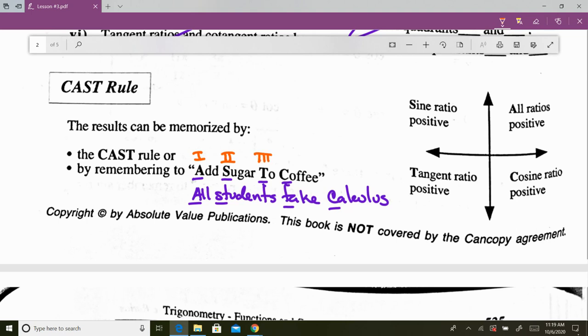Quadrant 3 is T, which stands for tangent. Tangent is the only one that is positive in the third quadrant. And C for quadrant 4 is cosine. So either add sugar to coffee, or all students take calculus, or come up with your own. I don't care. You just need to remember which are positive in which quadrant. Okay?